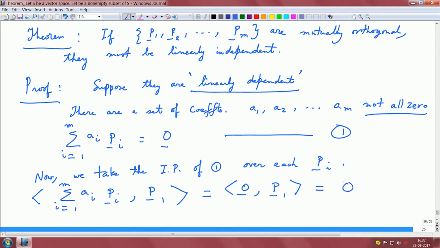And this quantity, if you simplify, since they are mutually orthogonal, and if you take p1 with p2 it is 0, p1 with p3 it is 0, and so on, therefore you will be left with only a1 here. So, this means a1 times the inner product of p1 with p1 has to be 0.